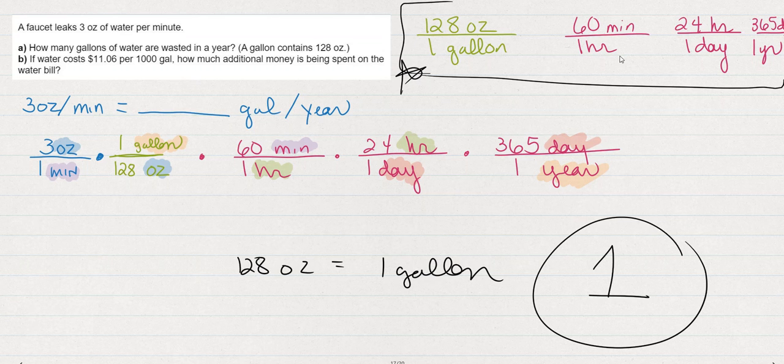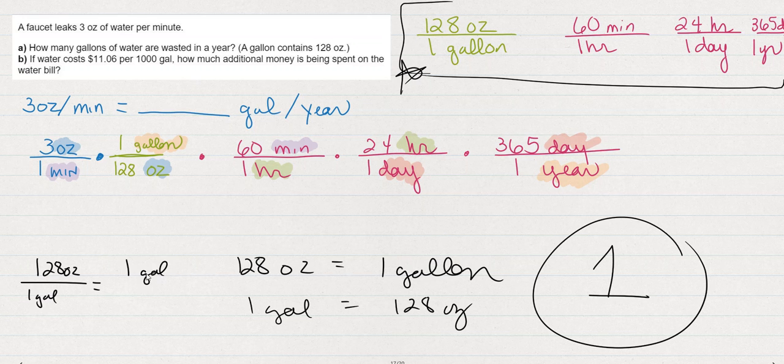So I can multiply by any of these fractions, or their reciprocals, because 128 ounces is 1 gallon, so 1 gallon is equivalent to 128 ounces. So I could have the 128 ounces over 1 gallon, and that's going to be equivalent to 1 gallon over 128 ounces.